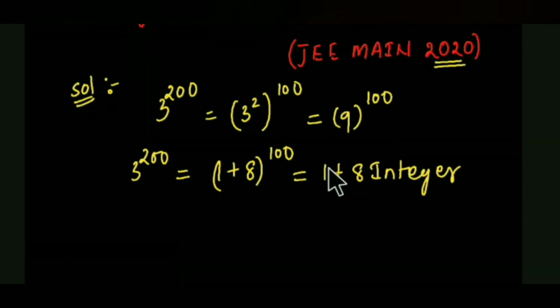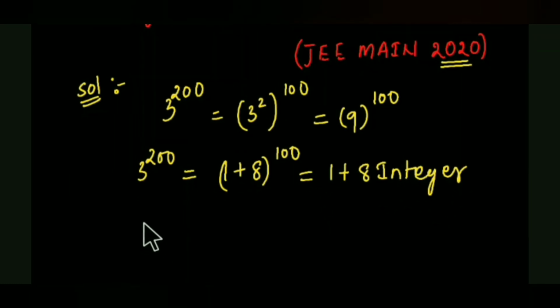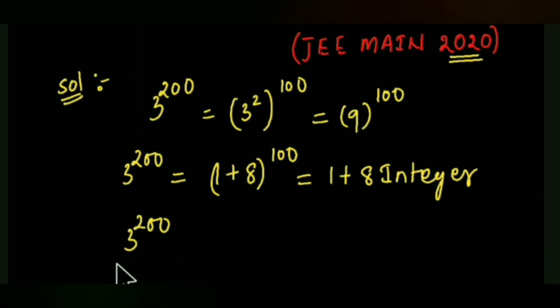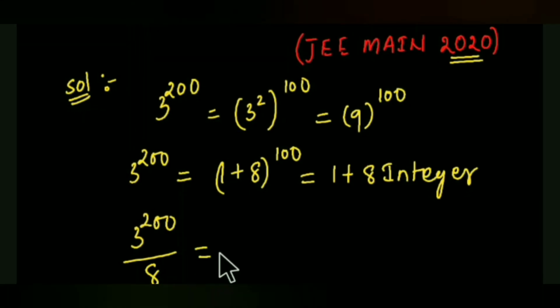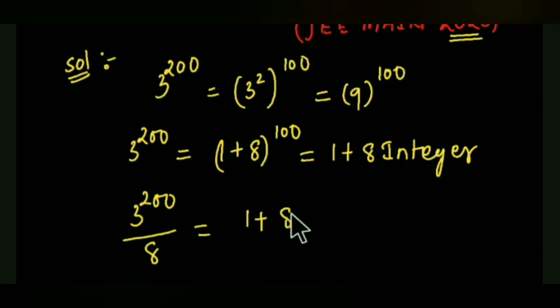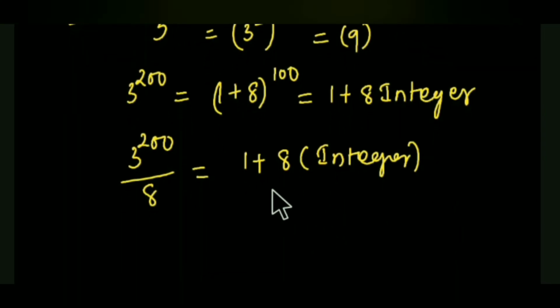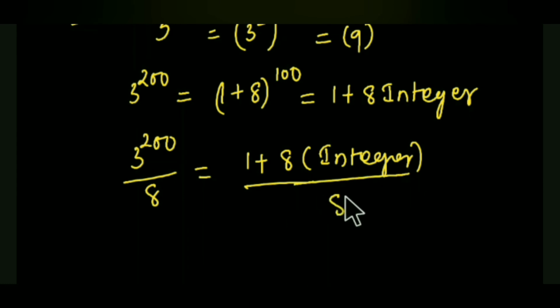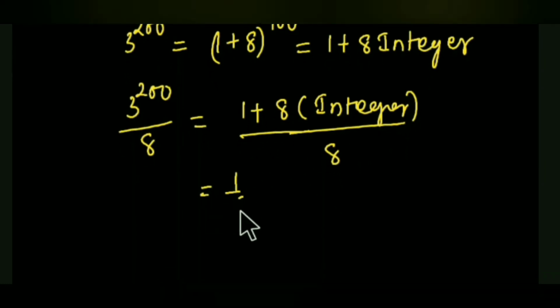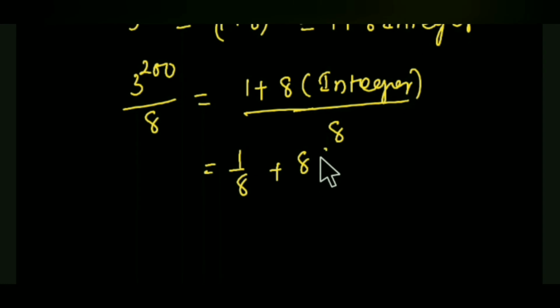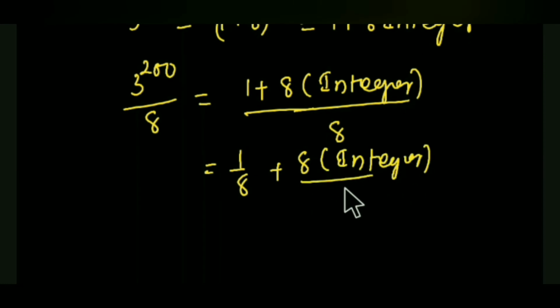Now this number is divided by 8. So 3 to the power 200 divided by 8 is 1 plus 8 into some integer, divided by 8 completely. We can write it as 1 by 8 plus 8 into some integer divided by 8, so these cancel out.